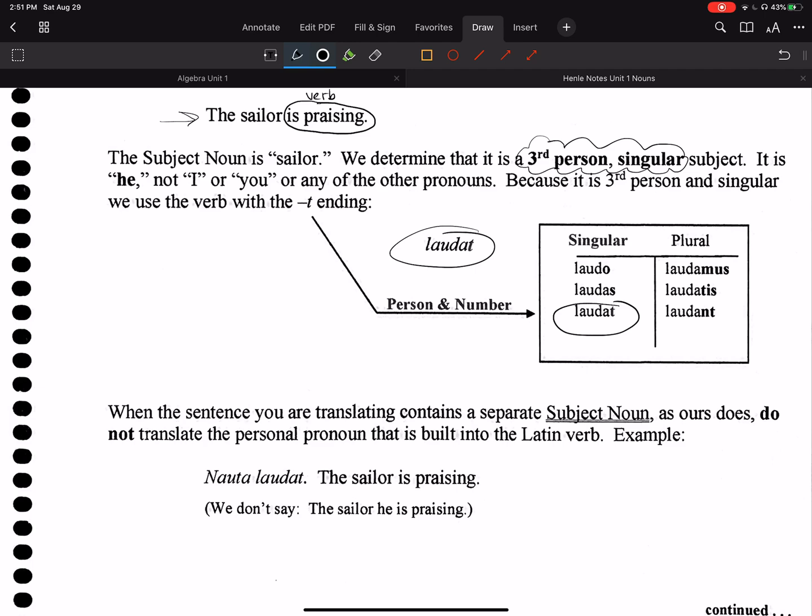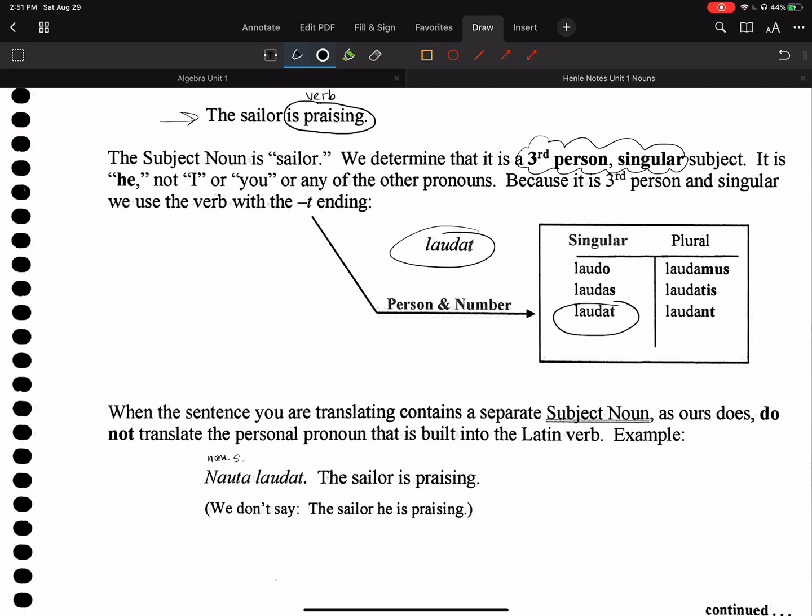So when you see the sentence nauta laudat, you'll look at nauta and recognize, oh, that's got an A at the end. That's a nominative singular ending. So he must be the subject. He's the main character of my sentence, right? Nominative singular.